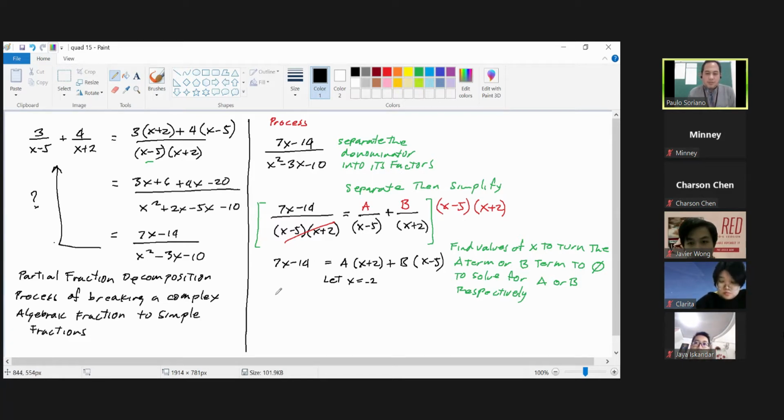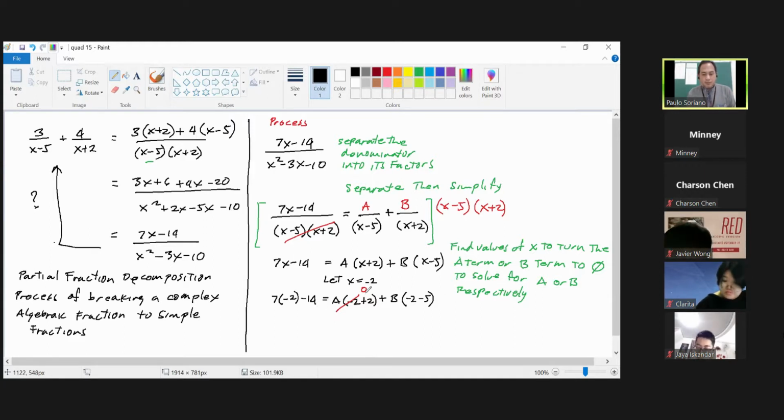So that will now become 7 times negative 2 minus 14 is equal to a times negative 2 plus 2. Technically, this one now becomes 0, plus b times negative 2 minus 5. Clear? So no more variables.